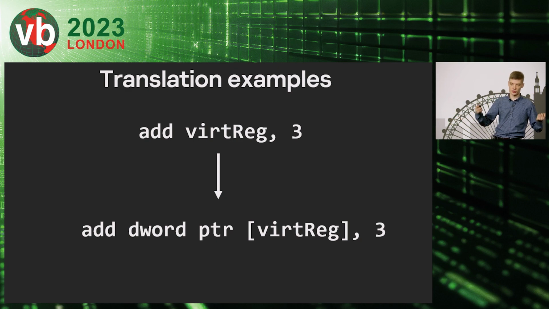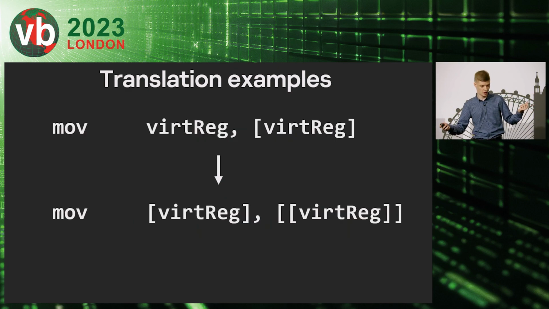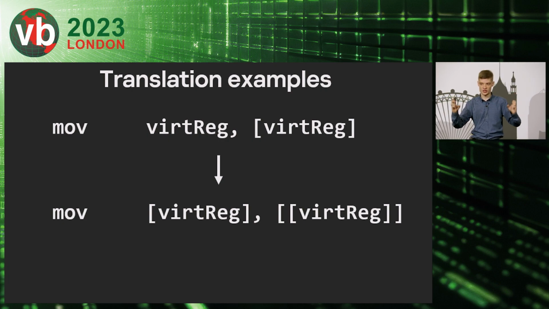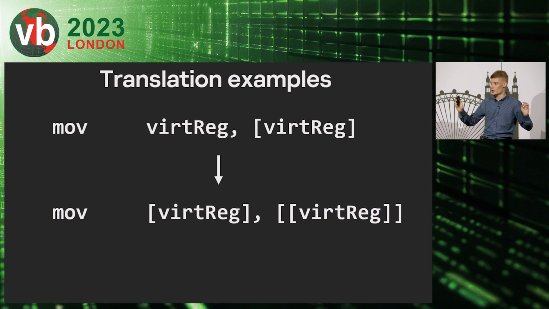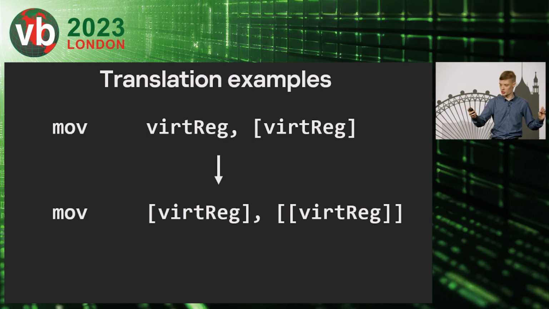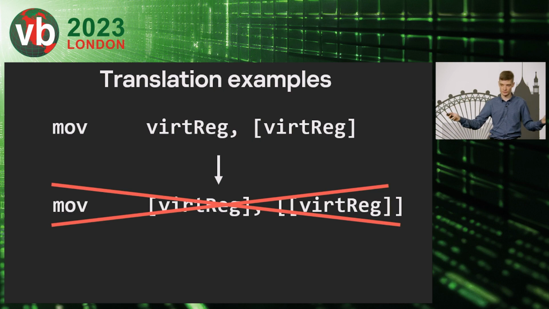But it's not really straightforward for all such instructions. Let's take, for example, this instruction that dereferences the value in the virtual register. If we were to translate it to x86, we would need something like a double dereference, because we first take the value of the register and then we dereference the address in it. But on the x86 architecture, we cannot do stuff like this.